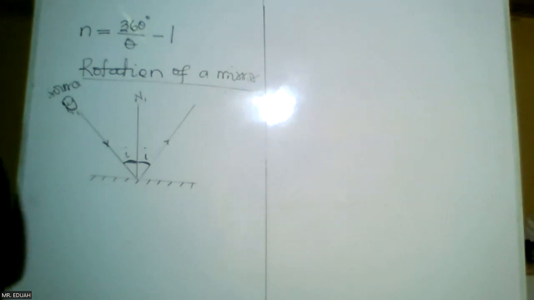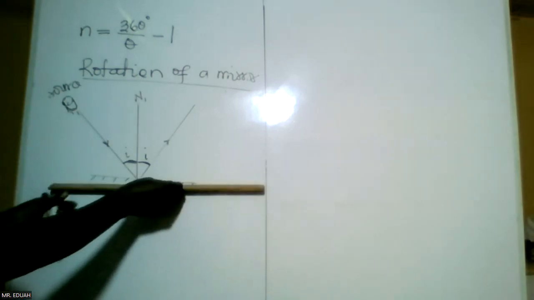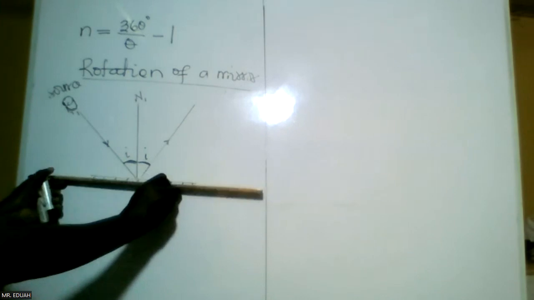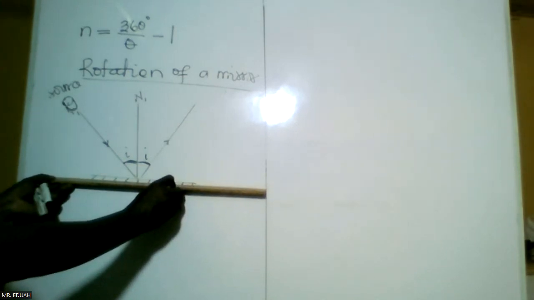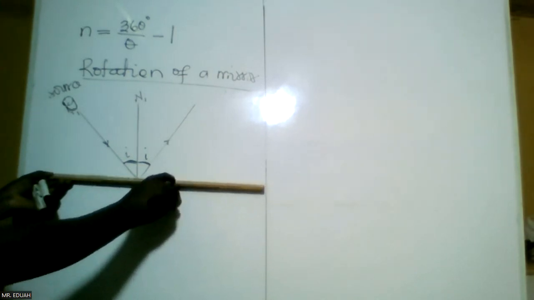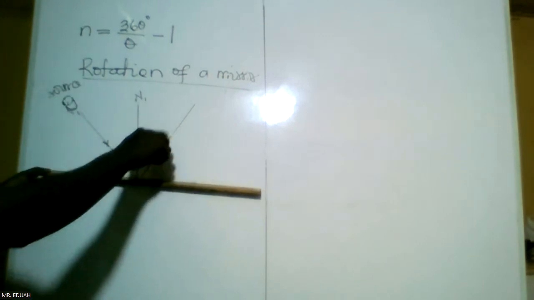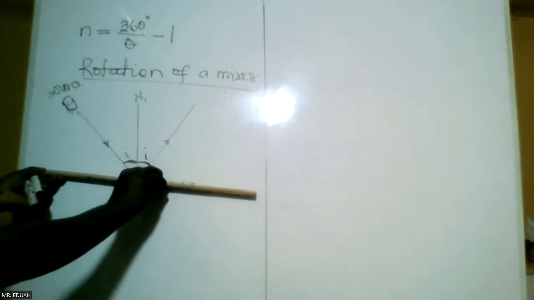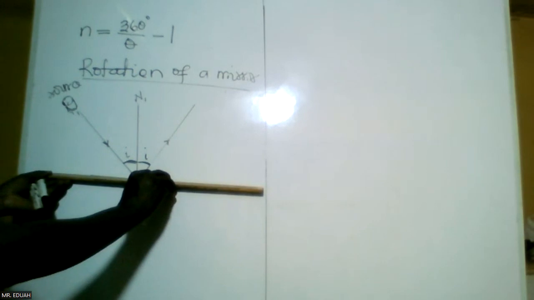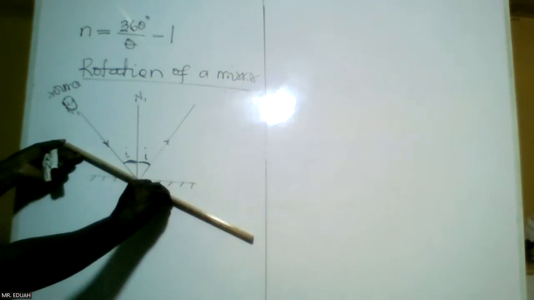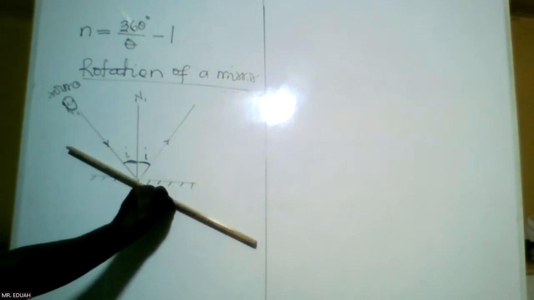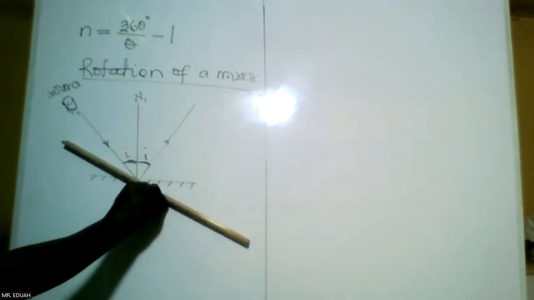Now, if we rotate this mirror, what we are doing is assuming this is the mirror. If it is not rotated and you incident light on it, this will be the reflection. Now, when I rotate it through an angle theta, the ruler now is tilted.